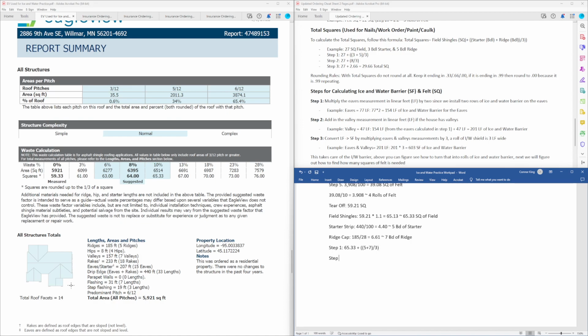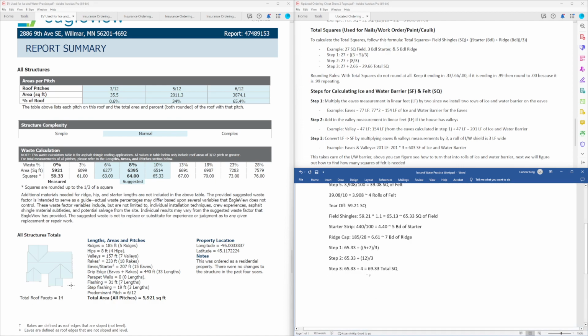To simplify this, we're going to first do inside of our parentheses. So now we have 12 divided by 3. And then we're going to do our parentheses and our division, and then finish out that last step with just our addition. So now we have 69.33 total squares.